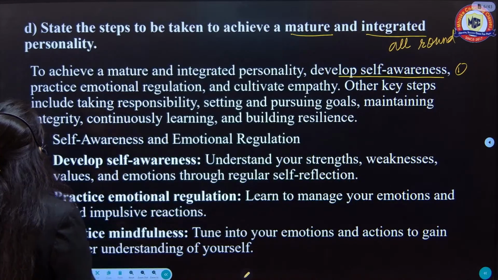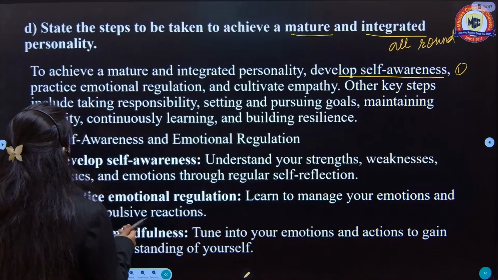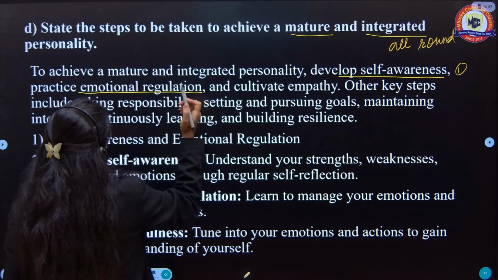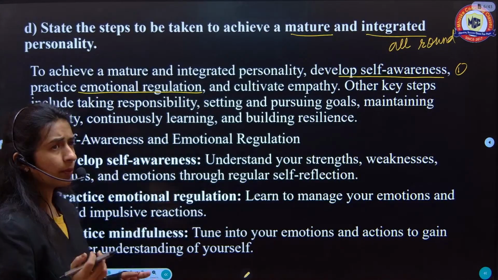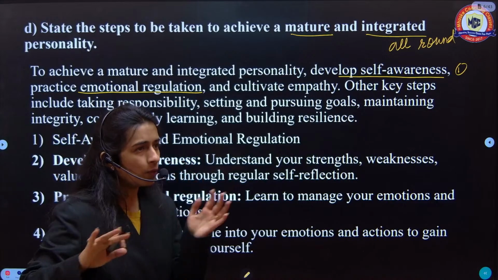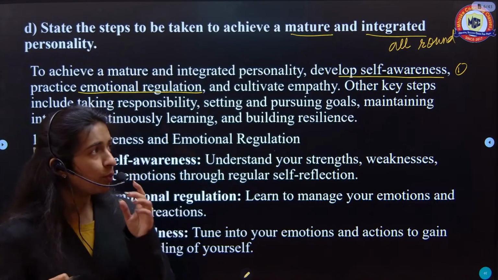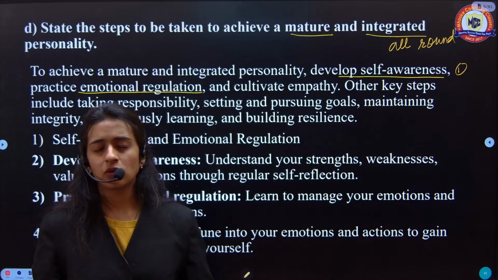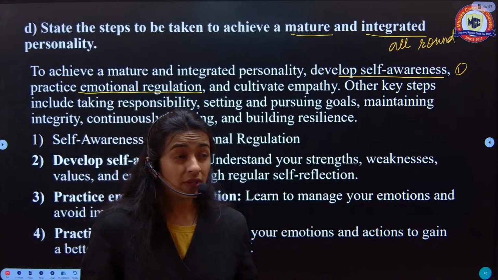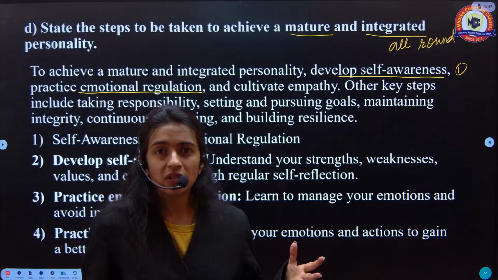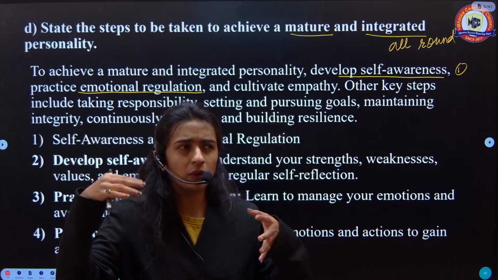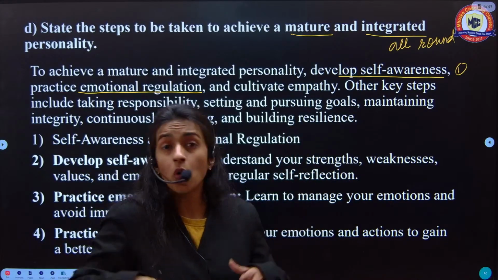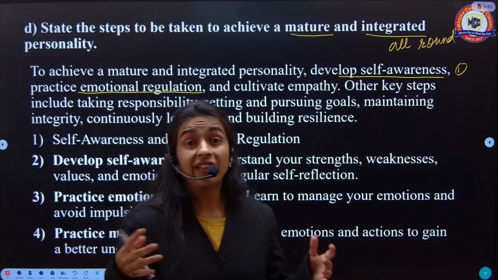Second, practice emotional regulation. This is again about your emotional quotient. Emotional quotient means you regulate your emotion. When someone teases you, you're not very hyped and screaming and overreacting.